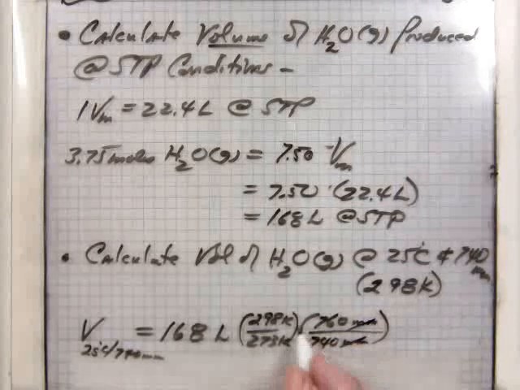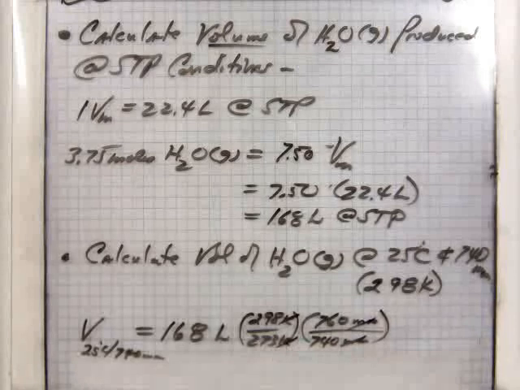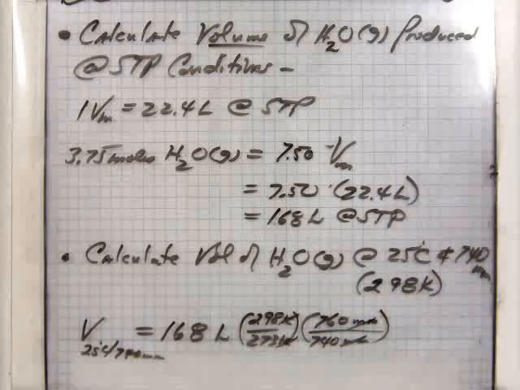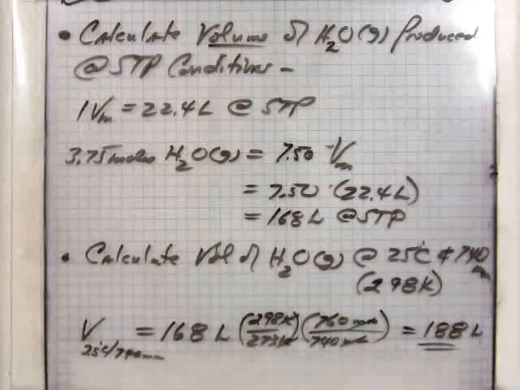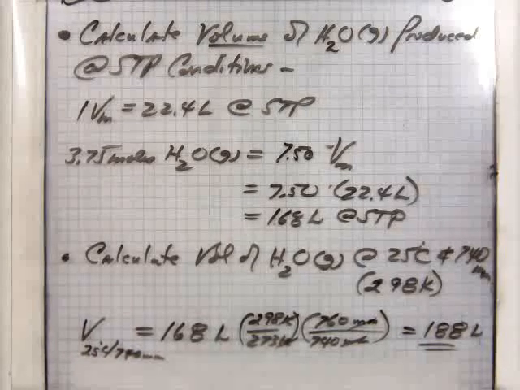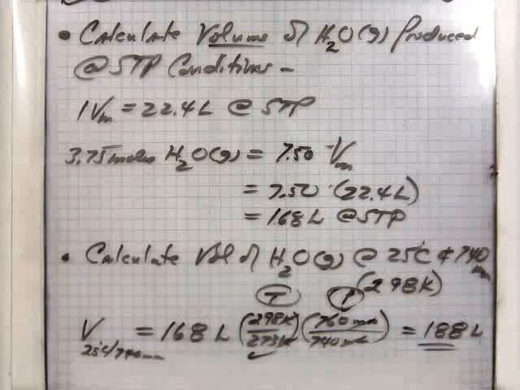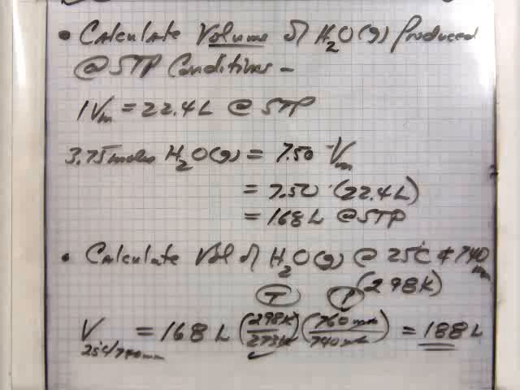And of course, those units will inherently drop out. And that will be an adjustment. That's the shortest way to the new volume. I get 188. Don't back me up on this, somebody. So if I make a mistake, I want to fix it. Without going through all the gas laws, that's the simplest way to deal with it.